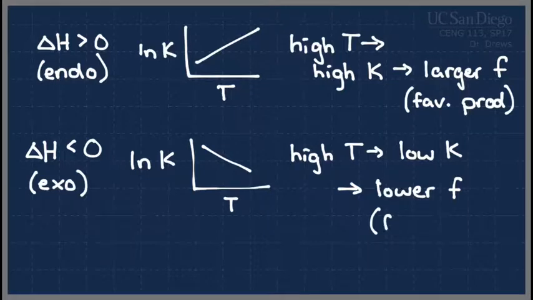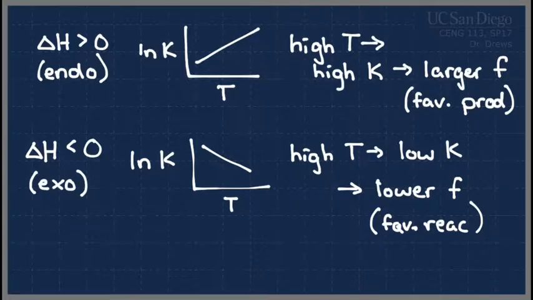Or another way to write that is that this favors reactants. And those should be consistent with anything that you would have seen in chemistry. Our world is the same as the one that the chemists work in, so that's good that our answers agree with theirs.